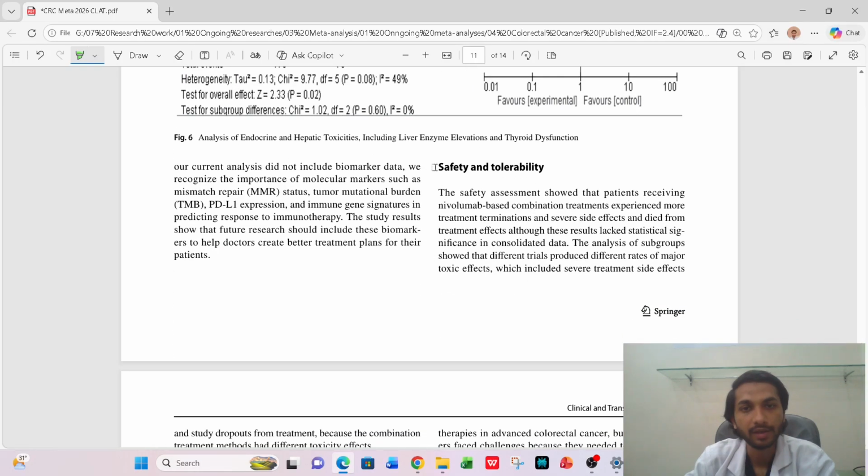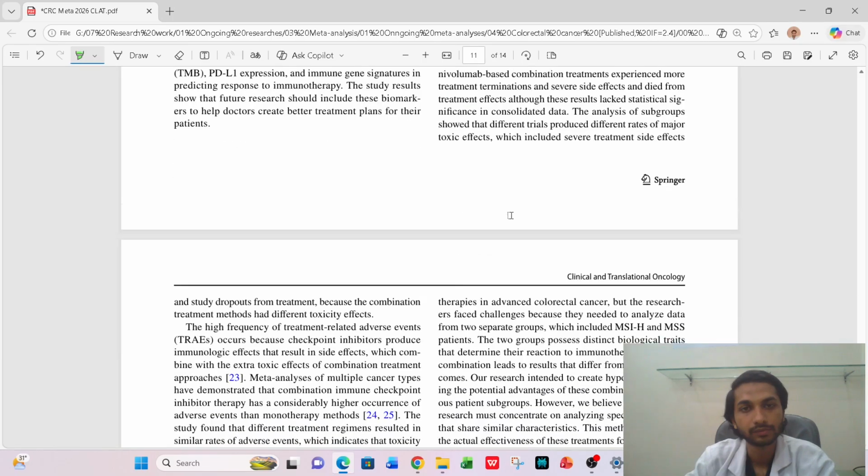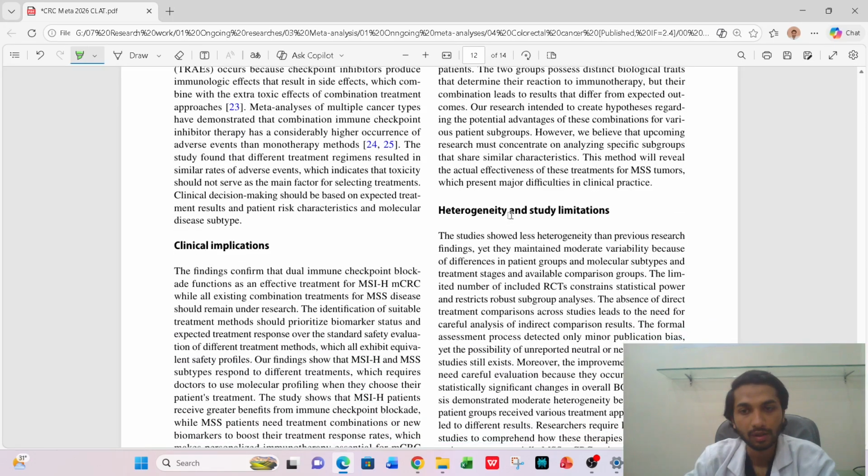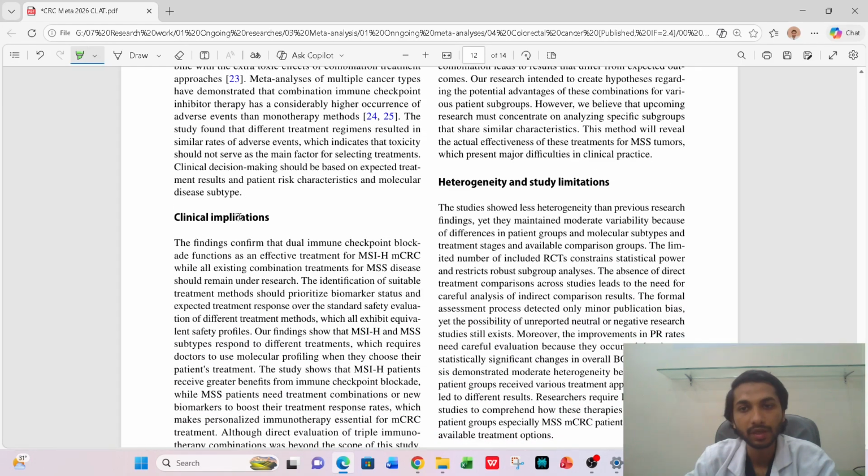And then again in the discussion portion, efficacy has been done, and then talking about the safety. Clinical implications: what are clinical implications? It is obviously about the immune checkpoint blockers, which is nivolumab, which is our intervention.